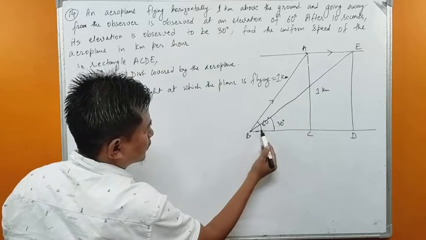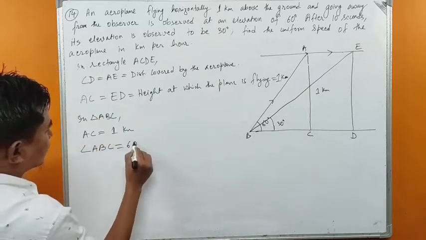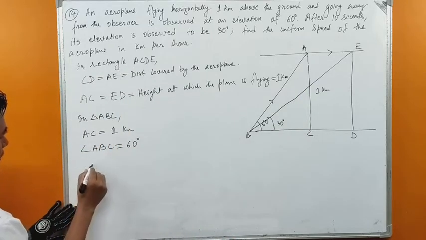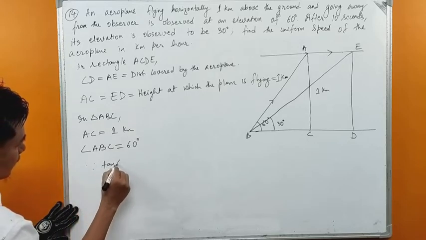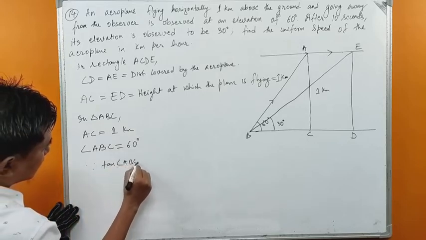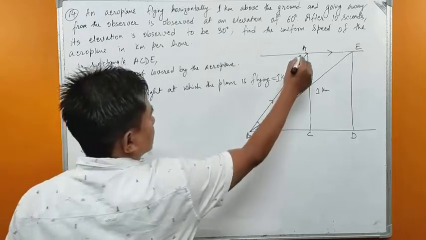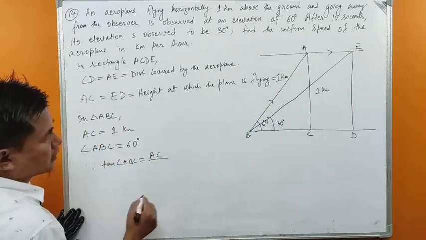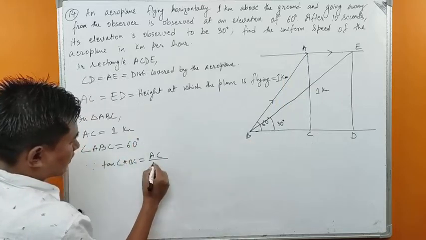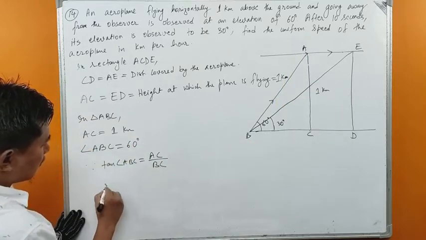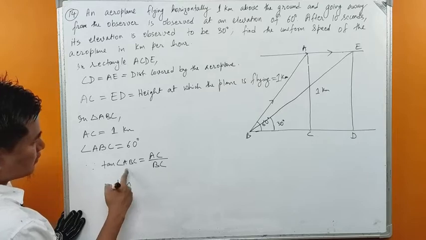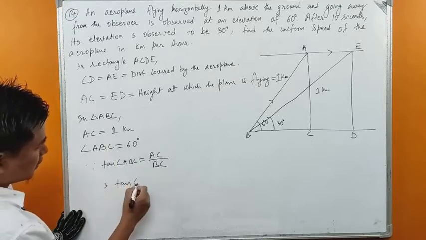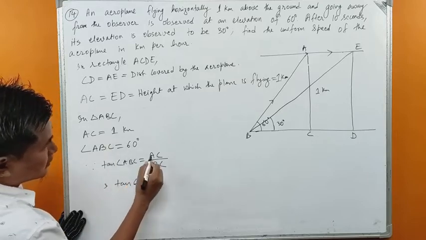Angle ABC equals 60 degrees. So let us apply tan theta. Since tan of angle ABC equals perpendicular AC by base BC, and tan of angle ABC is given to us as 60 degrees.